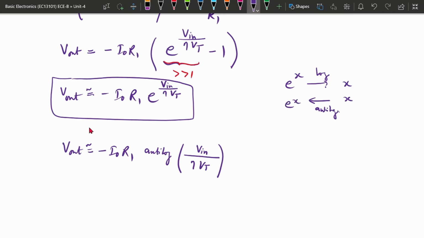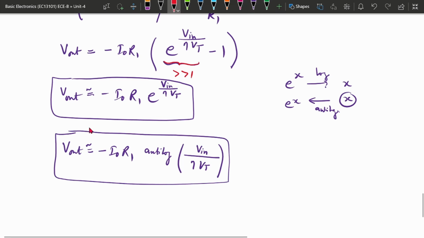So similarly, if e to the power V input by neta Vt is there, we can represent it in terms of log and antilog. If we take the antilog of this term, it will be e to the power V input divided by neta Vt. So we can represent the output in terms of this. You can see the output is the antilog of the input. So this is how we can implement the concept of the antilog circuit.